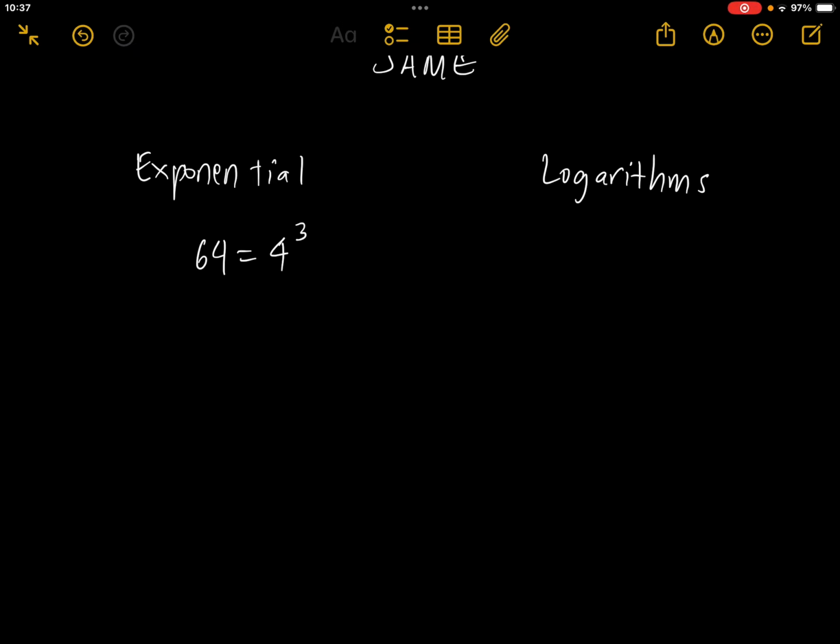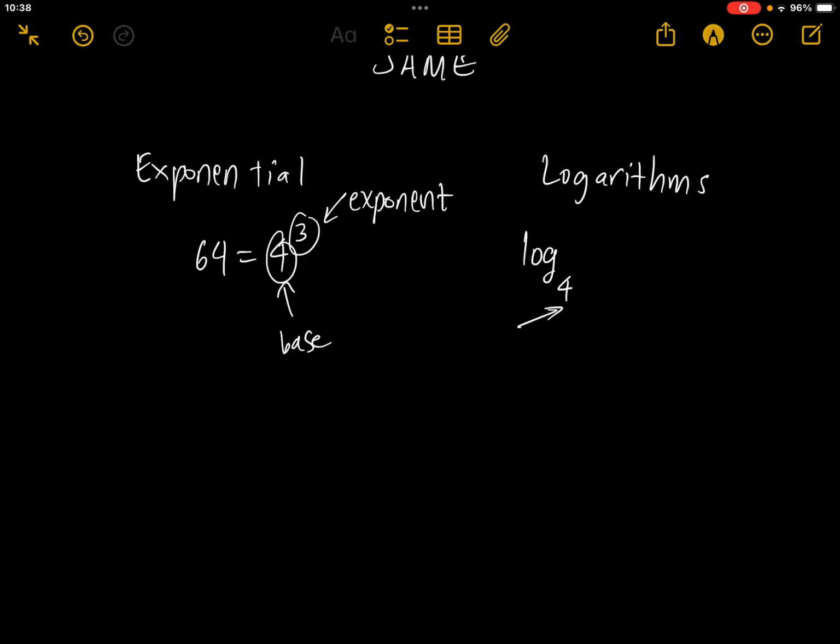What does that say in terms of logarithms? The subscript in the log would be the base. So this 4 is the base, right? That 3 is the exponent, or the power. So my base is going to be 4, so that's the subscript 4.